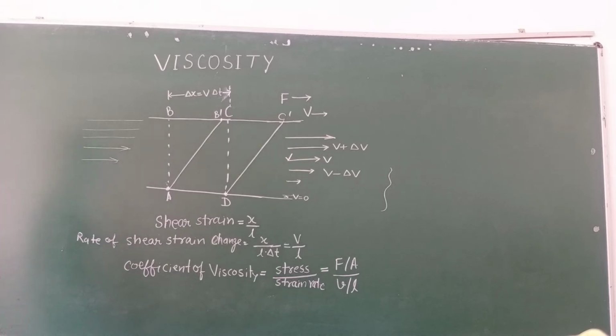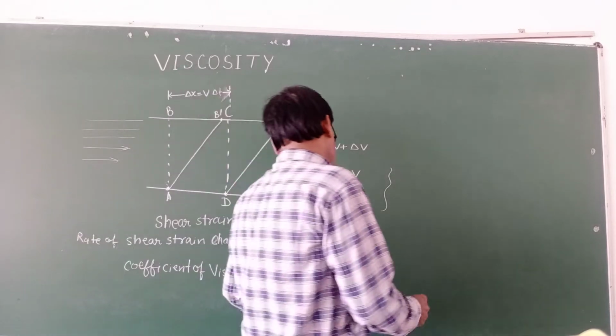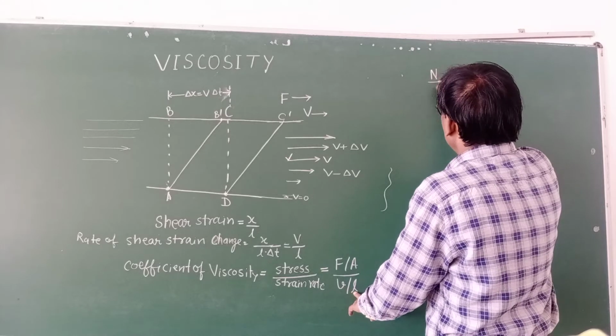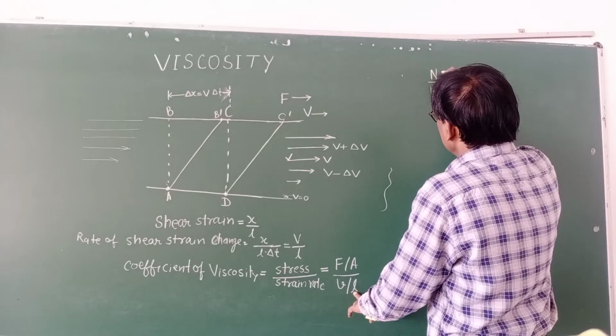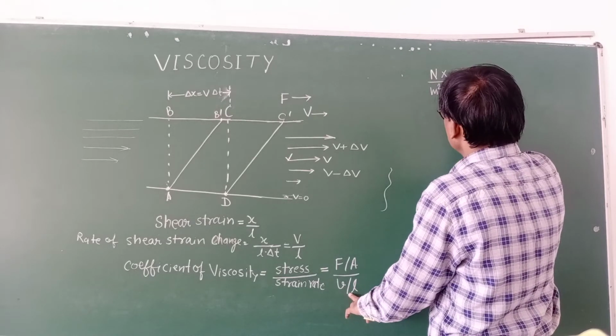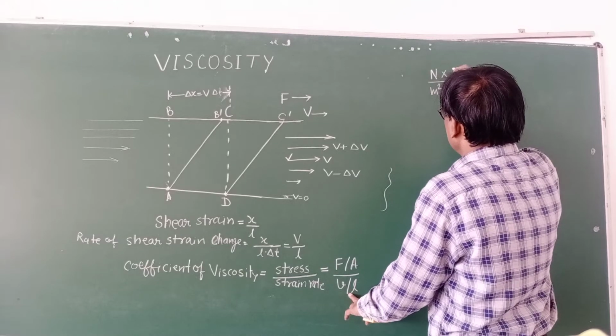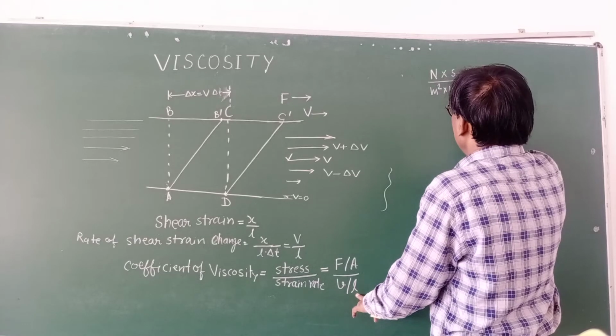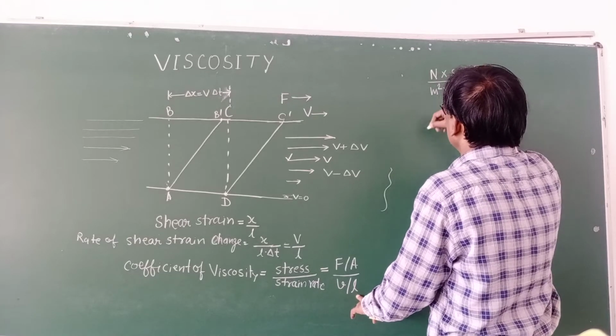The unit of viscosity is poise. And the unit will be what? Force. We can calculate this unit. Force means Newton upon meter square into this velocity, meter per second. Second will go here and meter per second, and L will also be here. So it will be like this.